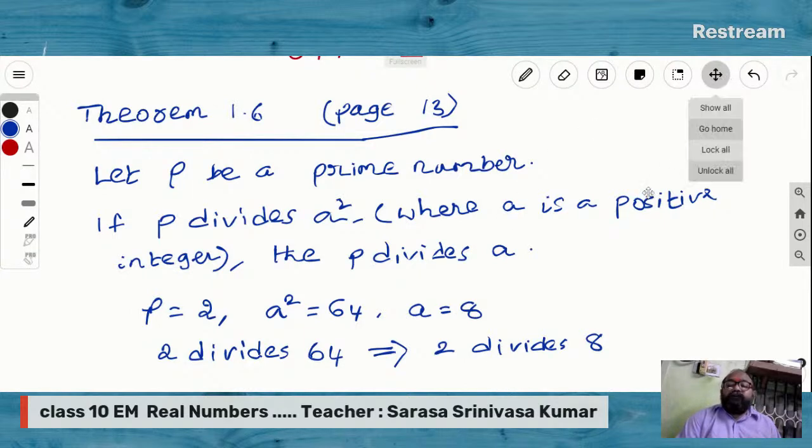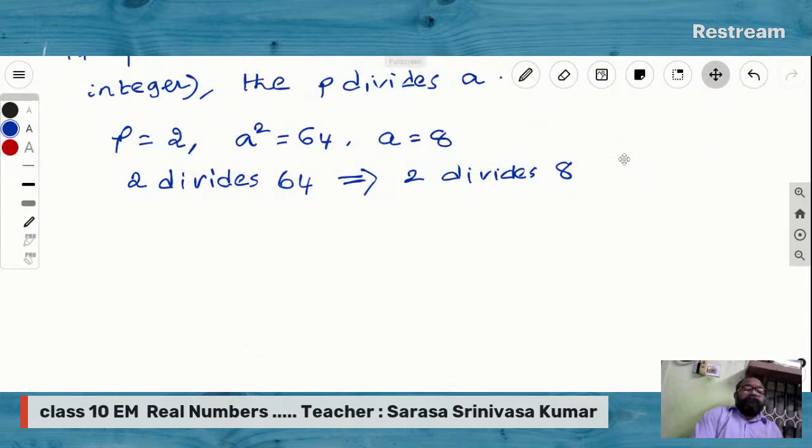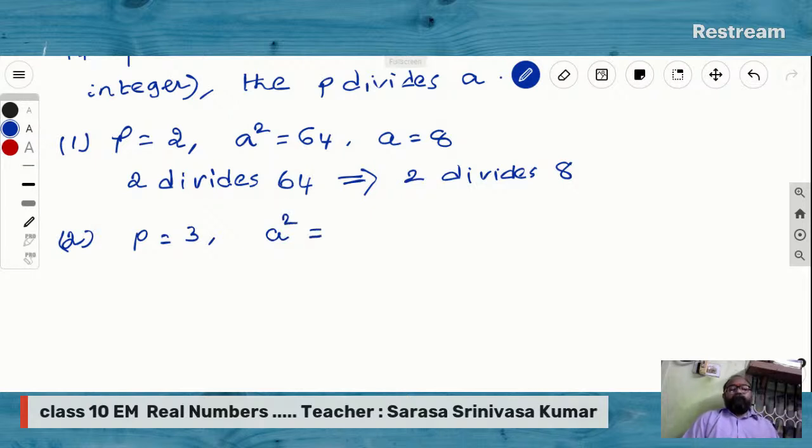Now we consider some examples to understand the statement of this theorem. So this is the first example. This is example 1. Here p is a prime number. P equal to 3. I considered a square equal to 81.